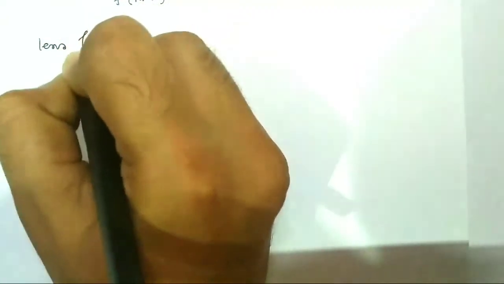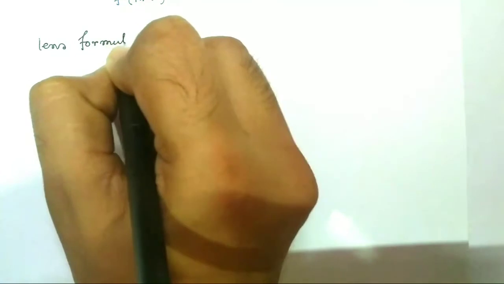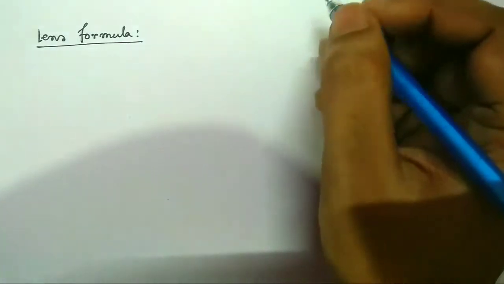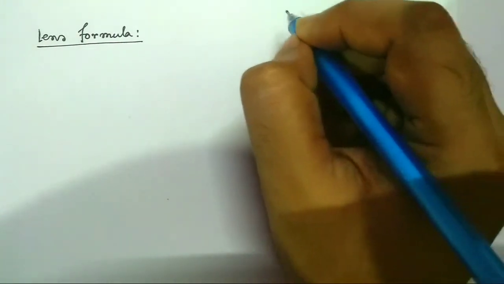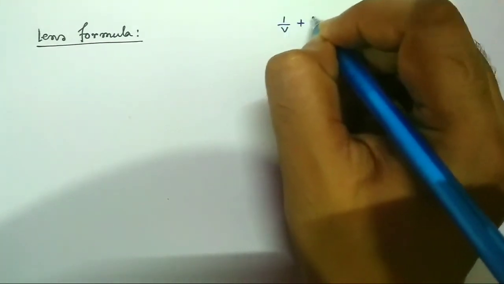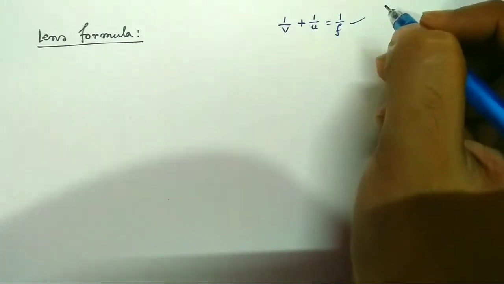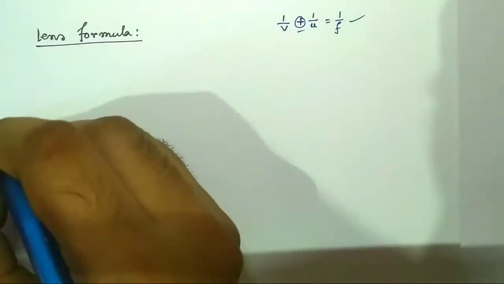Now, we will discuss about the lens formula. We will not derive this formula. Actually, the formula for a mirror is given by 1 by V plus 1 by U equal to 1 by F, right? We know it. But in lens formula, this sign will be negative.